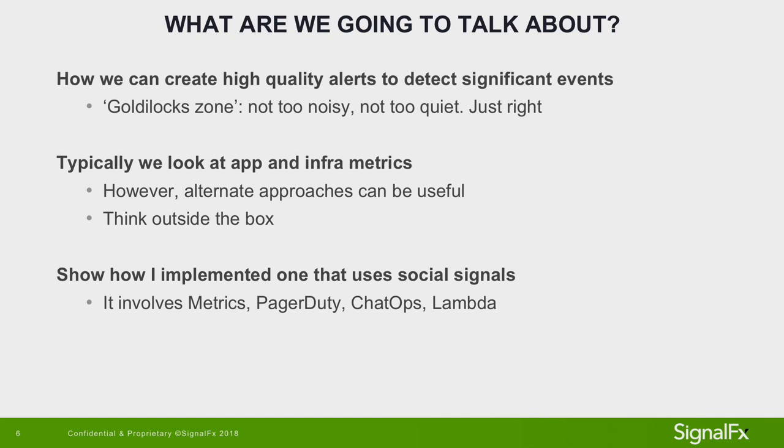In my case, it was about using social signals. So humans in organizations are emitting signals. Can we use some of those to monitor my applications and infrastructure? As weird as it may sound. And luckily, this involves metrics and PagerDuty and chatops and Lambda and all the cool stuff out there.